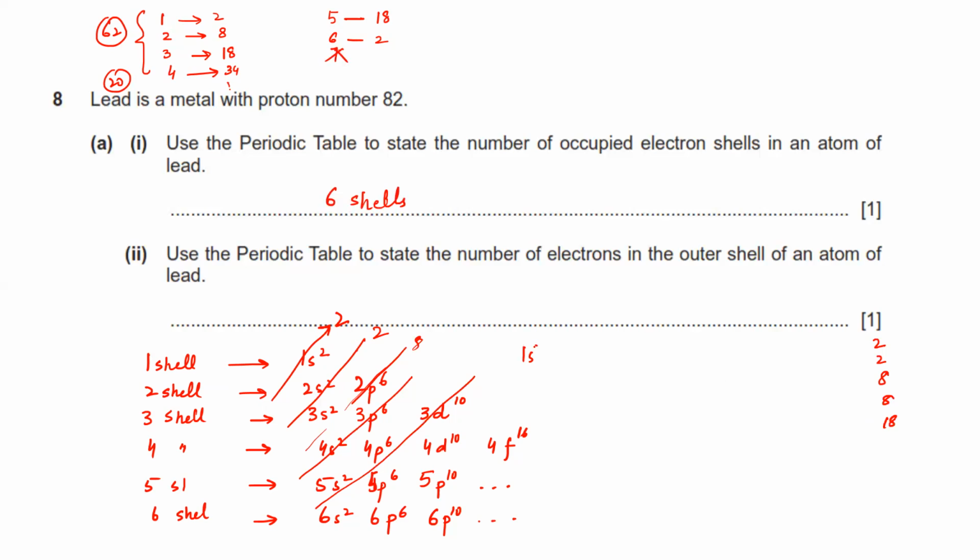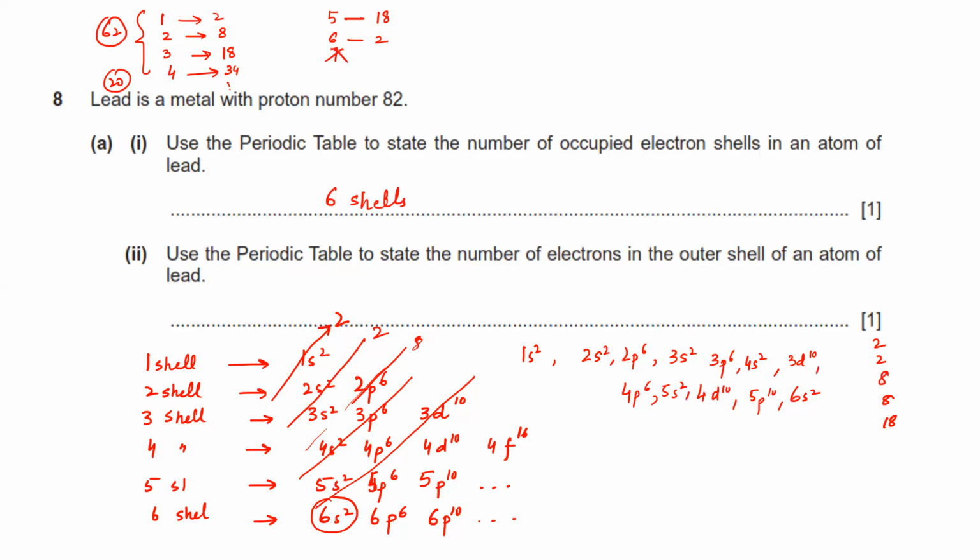So the filling order is 1s2, 2s2, 2p6, 3s2, 3p6, 4s2, then 3d10, 4p6, 5s2, then 4d10, 5p6, and 6s2.